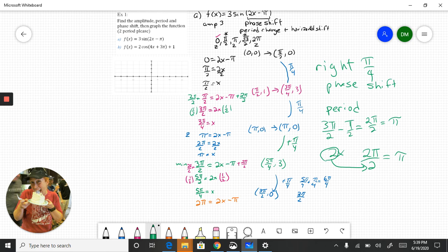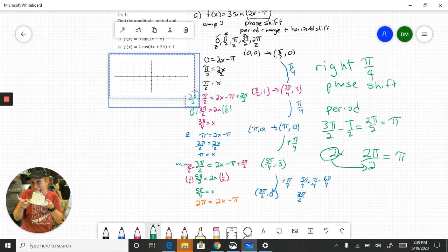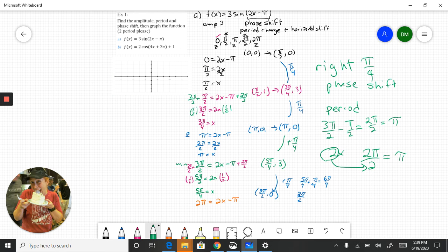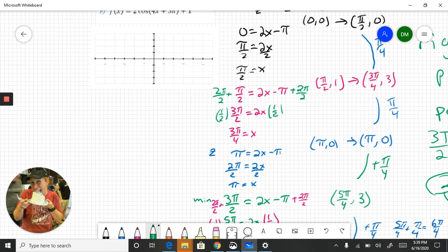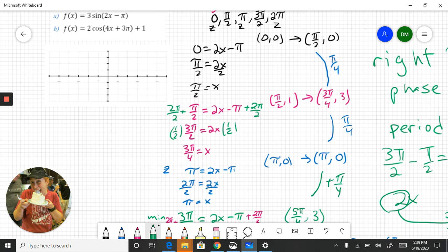So it is important that we label our points. And then the other thing that's going to be important for us to do is to make sure that we actually draw out 2 periods. So I find it easiest to label my points. So I'm going to label it down here so it doesn't get in the way. Pi over 4.